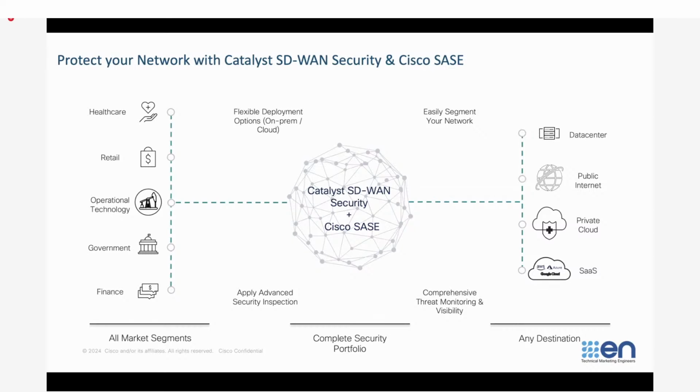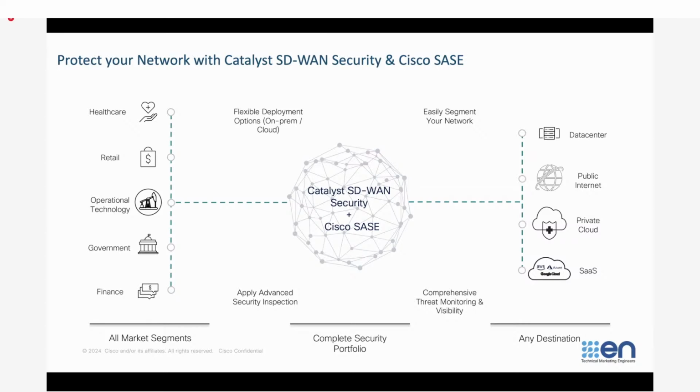We're also able to provide secure access to your applications that are hosted on the public internet, like SaaS applications. By virtue of connecting this, we also provide four key principles.